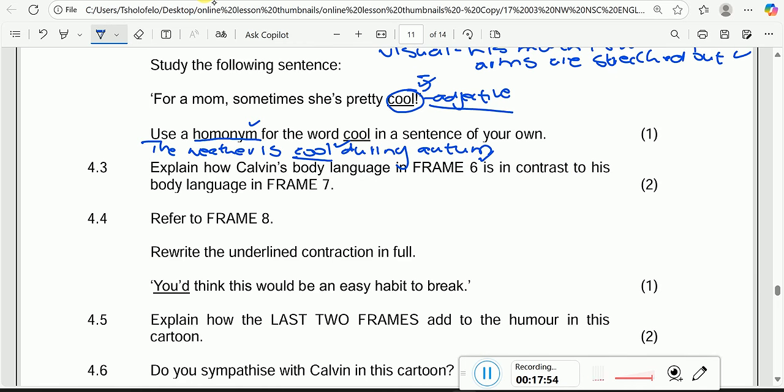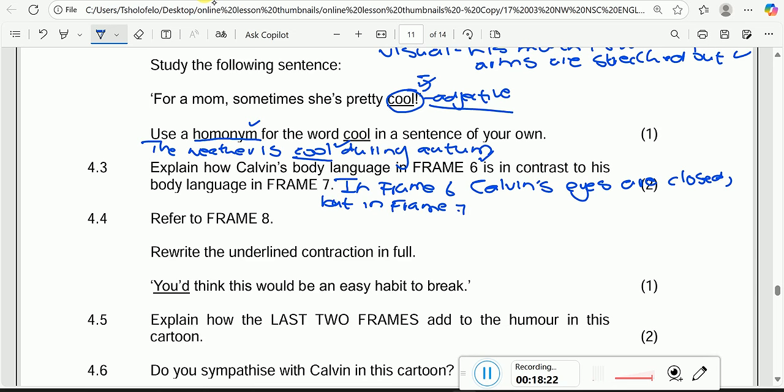You start by saying that in frame 6, Calvin's eyes are closed, but in frame 7, his eyes are wide open.